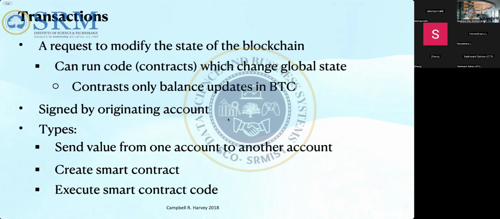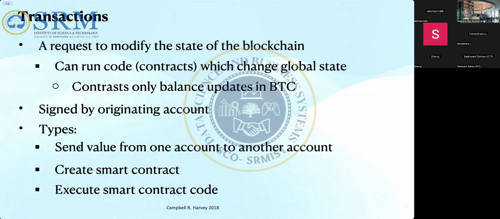Bitcoin has transaction based balances, but here we have account based balances, and it is signed by the original account. Similarly, following the same pattern, because we have private and public keys here, when you create a transaction, the private key will be used to sign the transaction of the account from which the ether or the coins are being transferred, right?